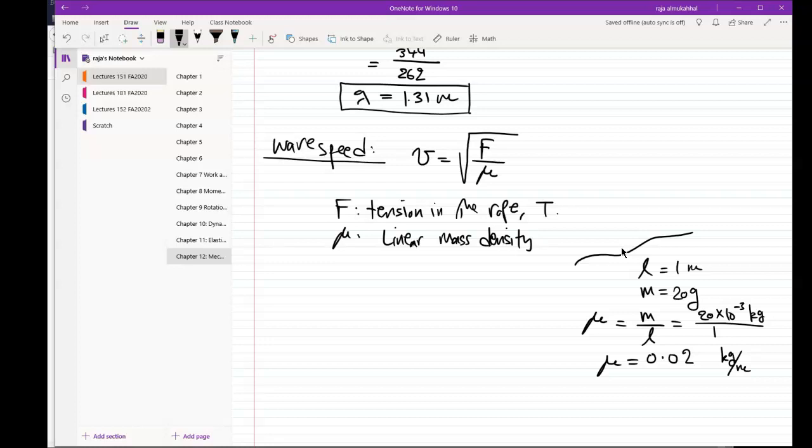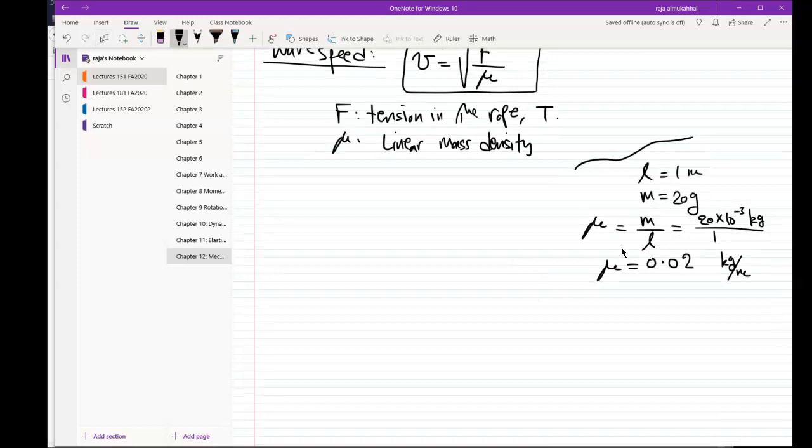Let me give an example and show you how useful this formula is. Let me give you another illustration of this formula. Imagine you have a guitar. Let's just make it a one string guitar.